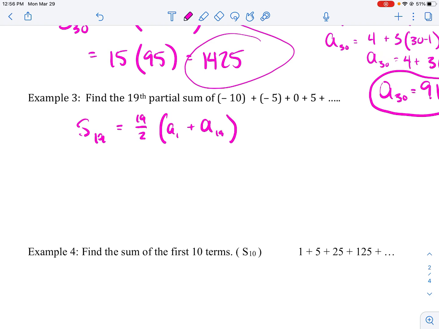We don't have our a sub nth term. So a sub 19 is equal to our first term. Looks like we're going up by 5 each time. 19 minus 1. Negative 10 plus 5 times 18.